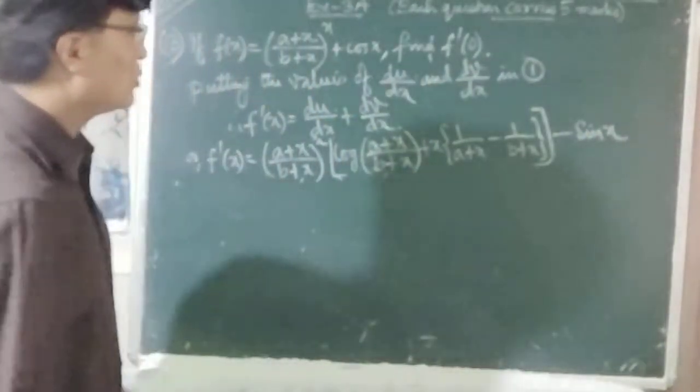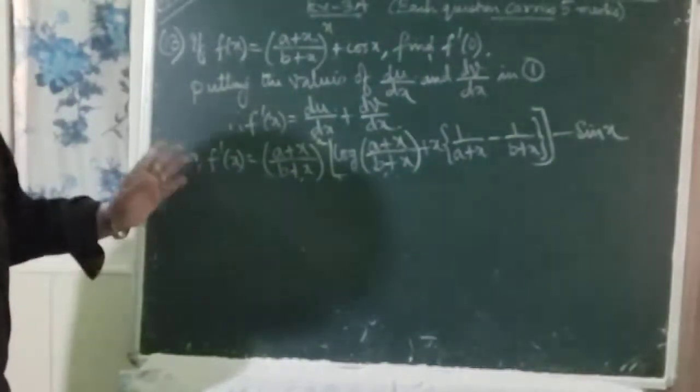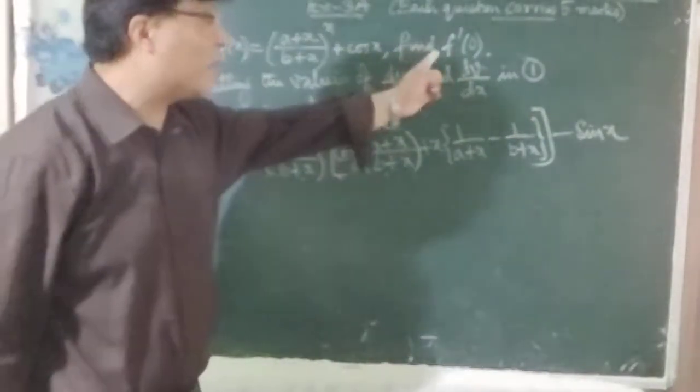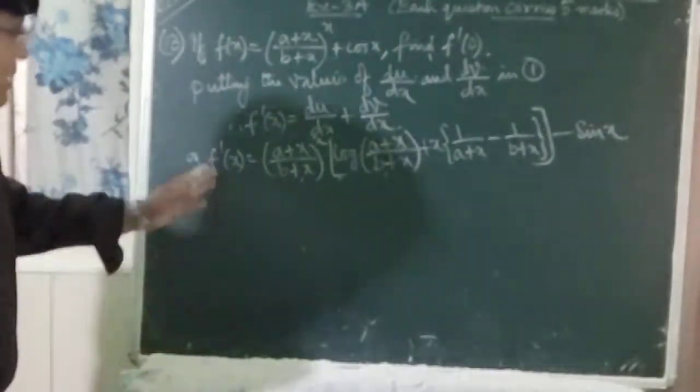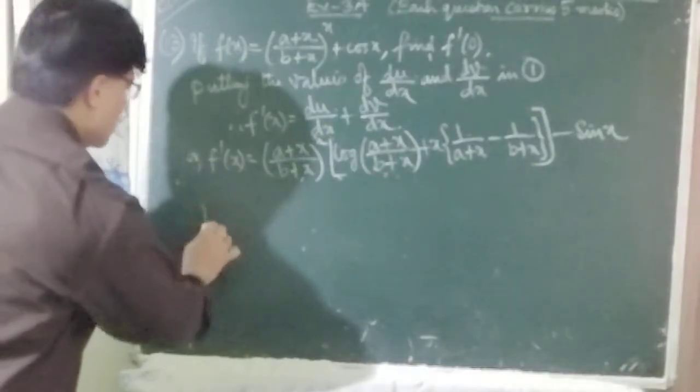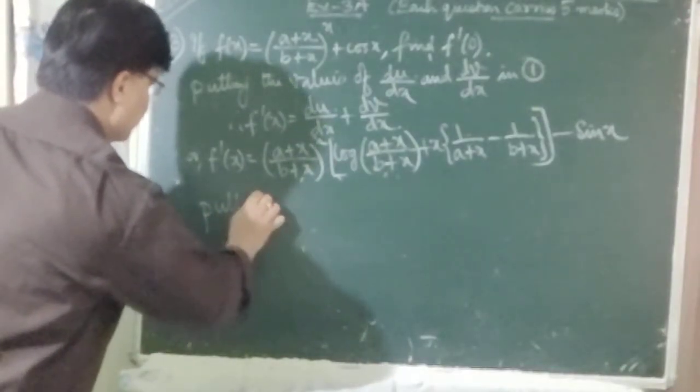Okay? So now don't simplify it, because in this case you have to get the value for f dash of 0. How can we get it? You put x is equal to 0.